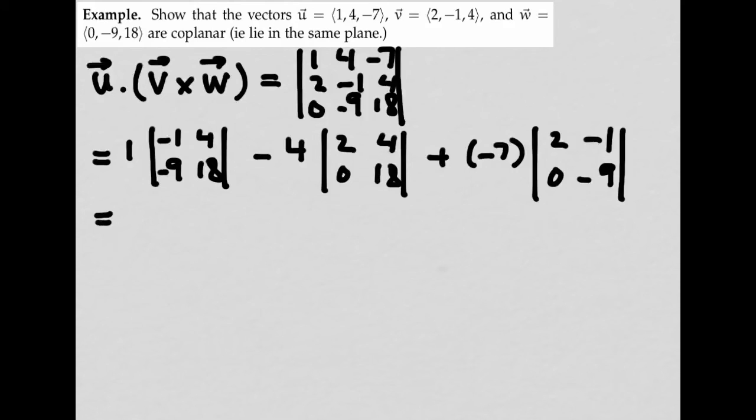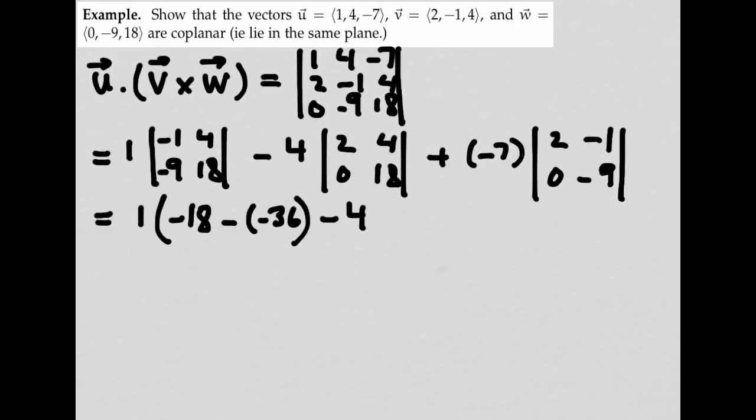We have 1 times negative 1 times 18, that's negative 18, minus 4 times minus 9, which is minus 36.